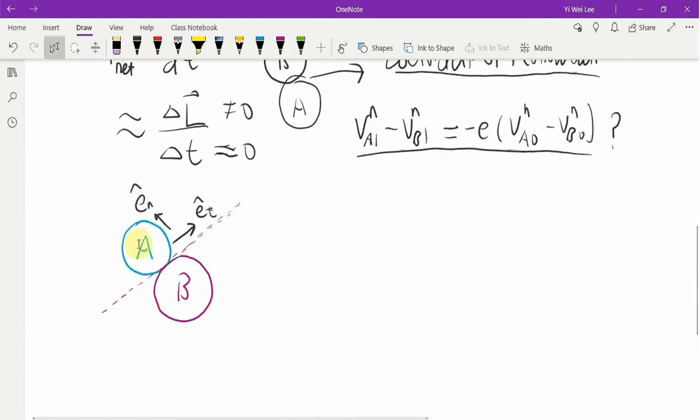For example, let's say the velocity of A, V_A, before collision is a certain number.